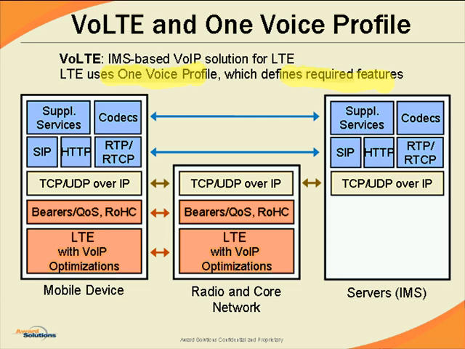So it is possible that the UE implements one set of features, the network implements another set of features, and still they cannot talk to each other because they implemented different functions, different features.